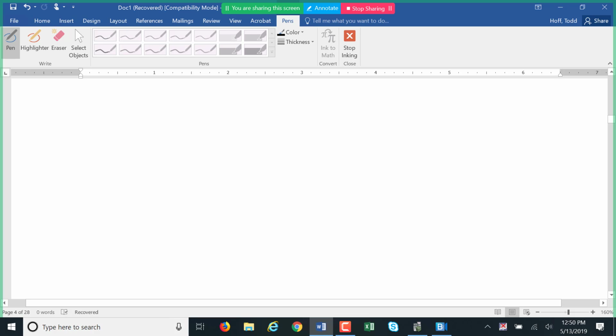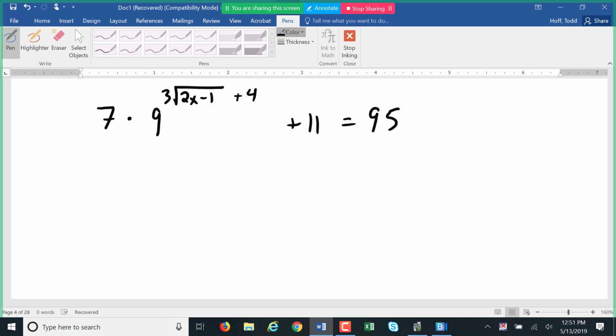We might have something like this: 7 times 9 to the power of 3 times the square root of 2x minus 1, plus 4, plus 11 equals 95.